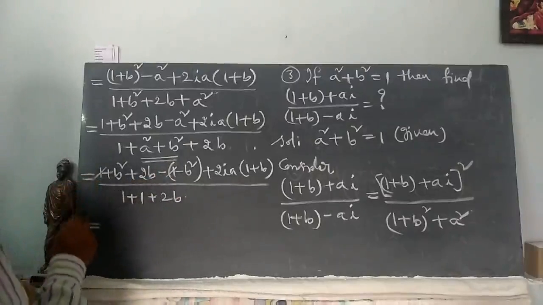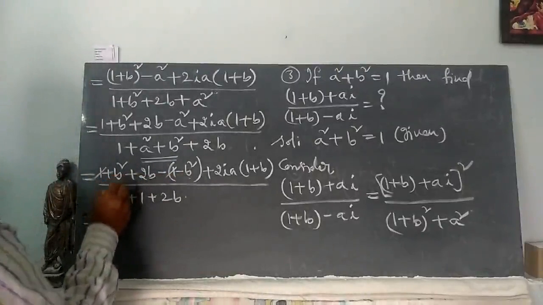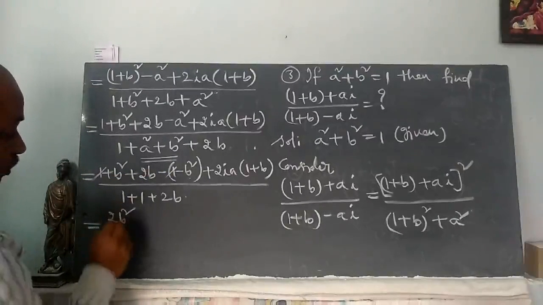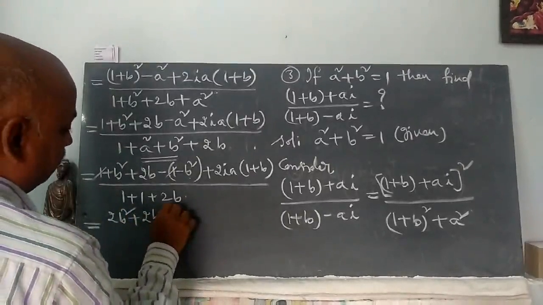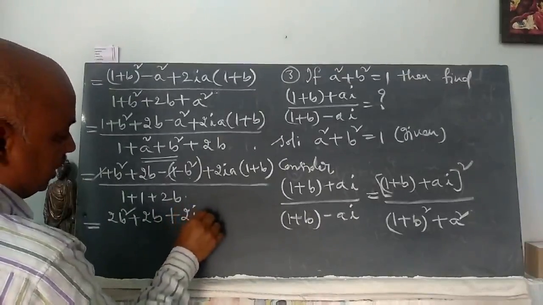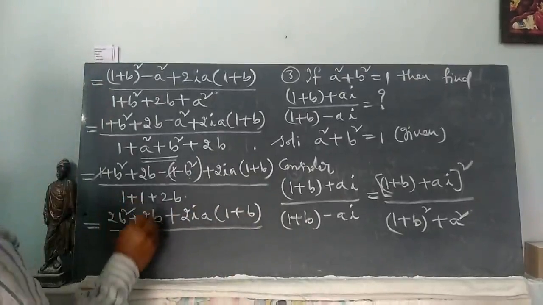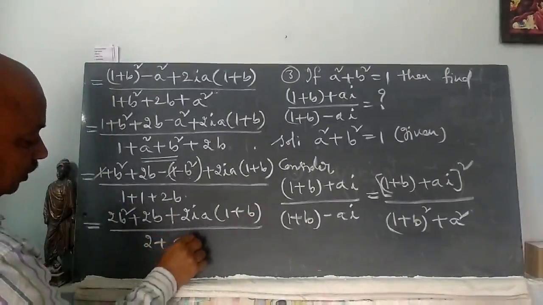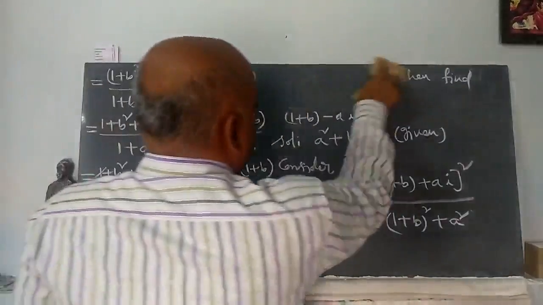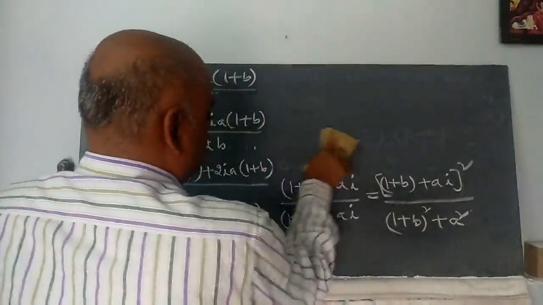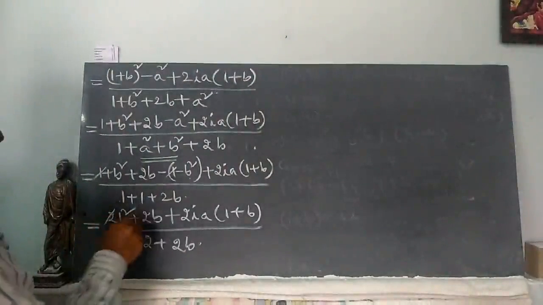This is equal to minus 1 plus 1 get cancelled. Minus of minus B square is B square, plus B square, 2B square. So 2B square plus 2B plus 2iA into (1 plus B) whole by 1 plus 1 is 2, 2 plus 2B. Here 2 get cancelled.